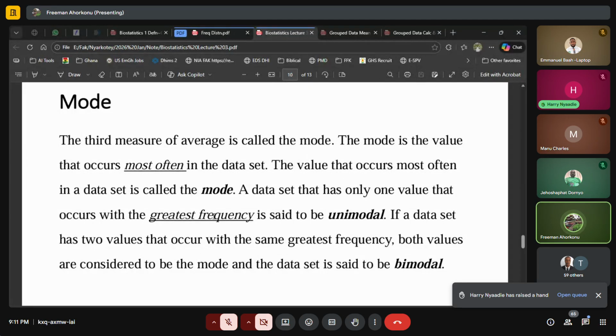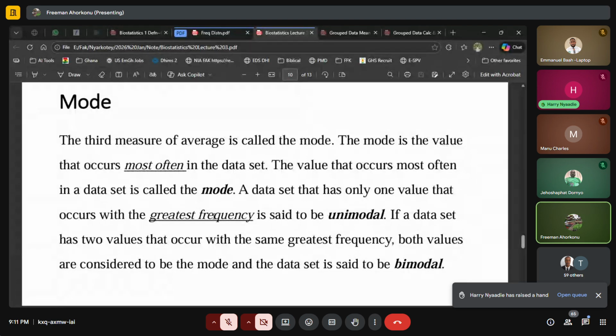Uni means what? One. Unimodal. But when you have two numbers occurring highest, like I just mentioned, let me use the systolic again.